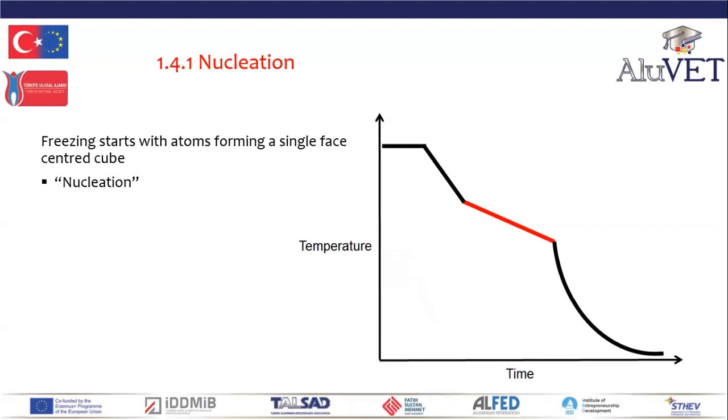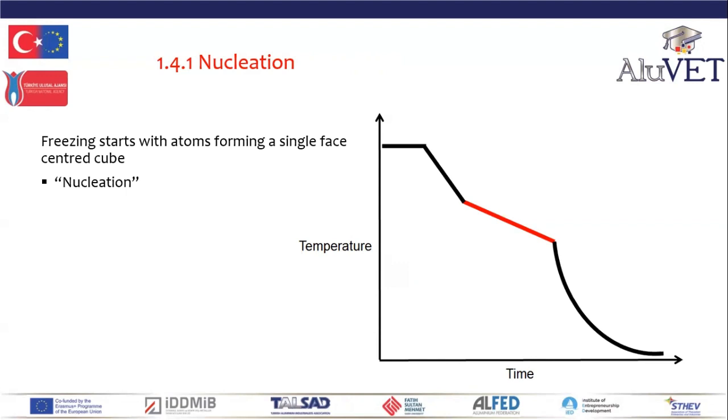So let's have a look at how structures develop. In the liquid state, we've broken down the metallic bond. So at high temperature, we've got a soup of atoms loosely held together by cohesive forces.